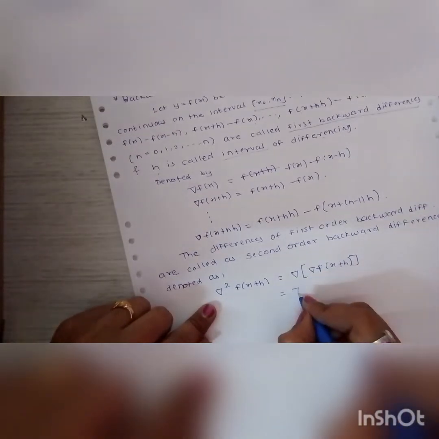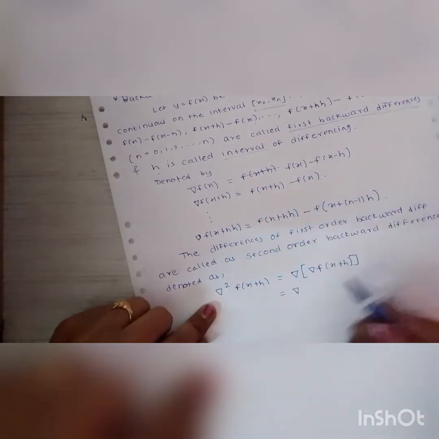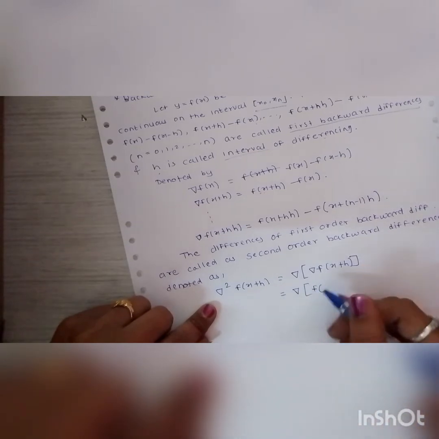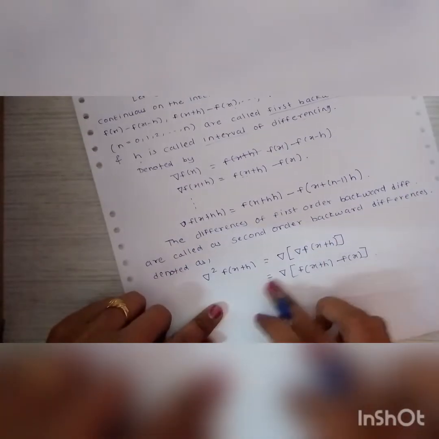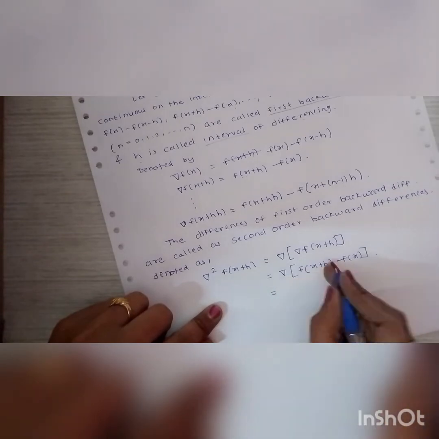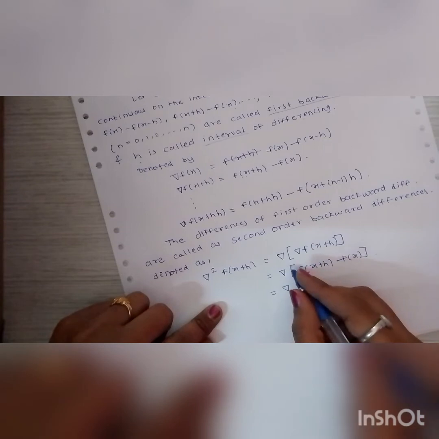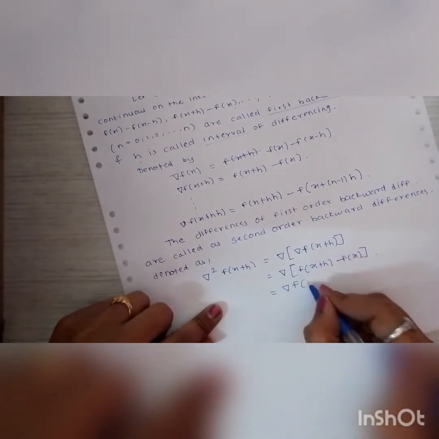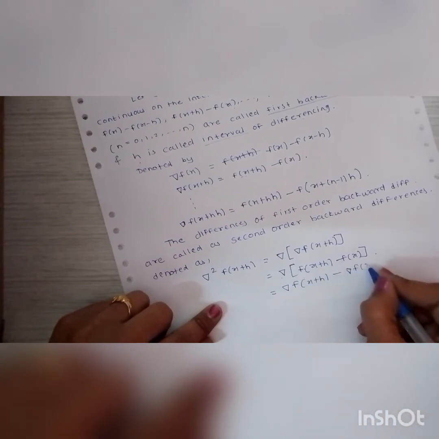Now we know that del f of x plus h is f of x plus h minus f of x. Therefore, we substitute the value of del f of x plus h, which is f of x plus h minus f of x. Now multiply by del on both sides. Therefore, we get del f of x plus h minus del f of x.